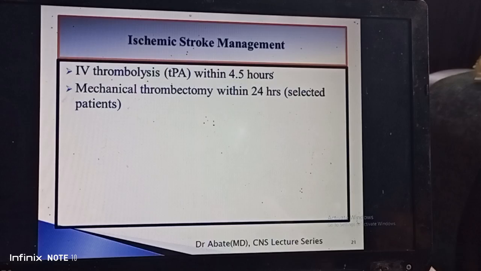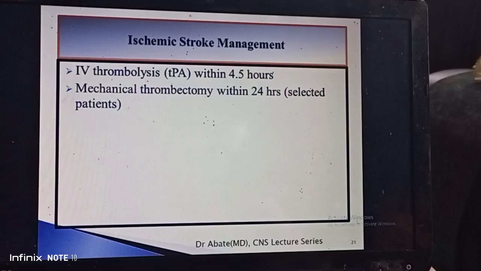For differentiation, you need to do a brain CT scan. As we mentioned in our previous lecture, a non-contrast brain CT scan is the first line investigation modality for a patient in whom you suspect stroke.